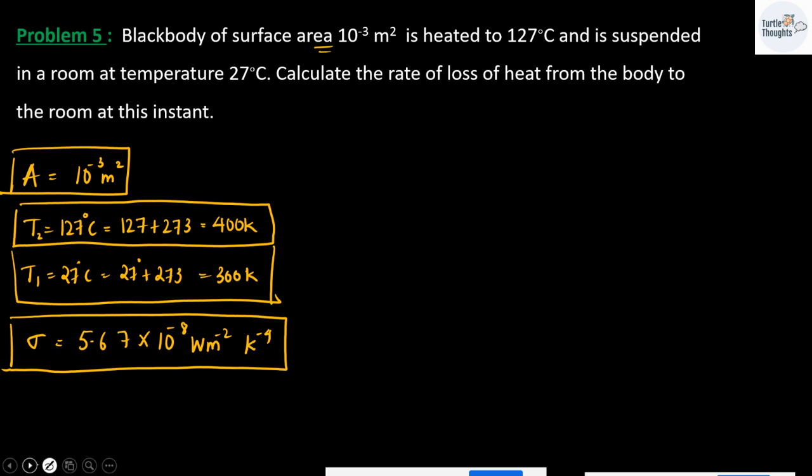Now, from Stefan's law, I can write that U, you should be taking the capital U, is equal to sigma T raised to the power 4. Now, should I be adding anything over here?